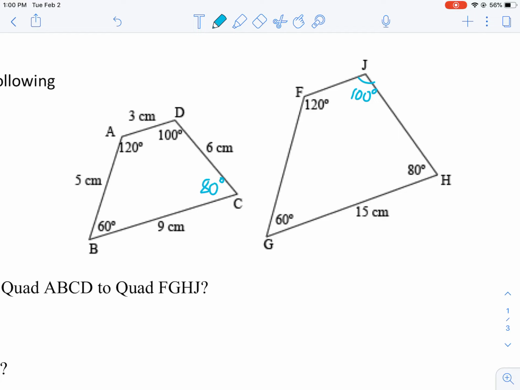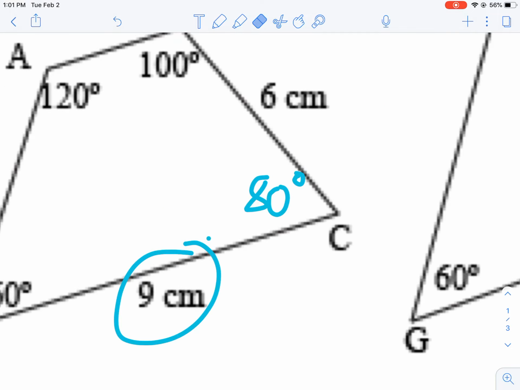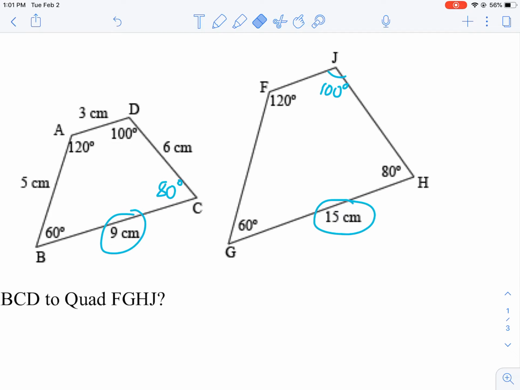So here on the right shape, 15 for GH is the only side that we know its measurement. So we need to find what's the corresponding side for that for ABCD. That would be down there, 9. Okay, so that's the only side where we actually know both side lengths in both figures. So we have to use those sides to find the scale factor, okay?